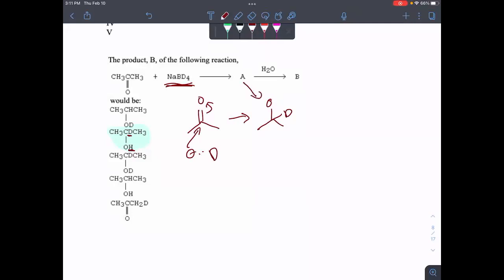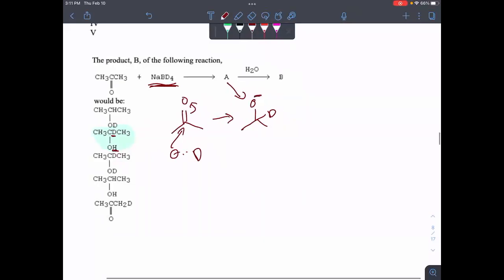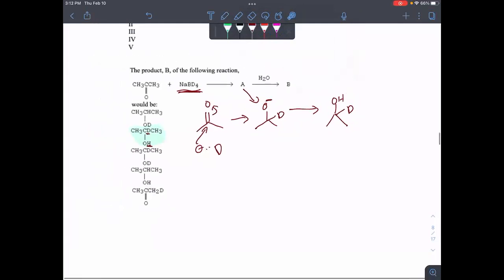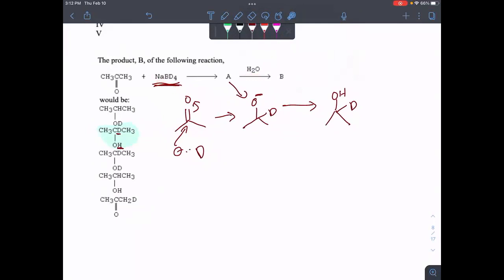So the product of A would be this alkoxide. And then after we add water to protonate this ion, it just turns into a normal alcohol, but the D stays where it was. You just have to know that the protonation and reduction steps are separate.